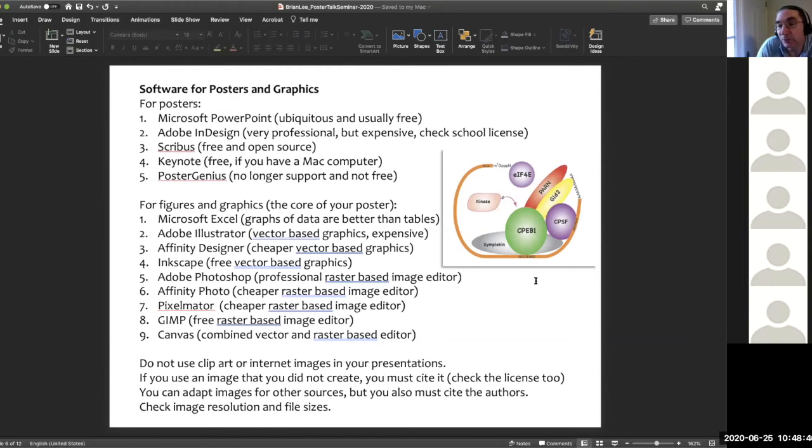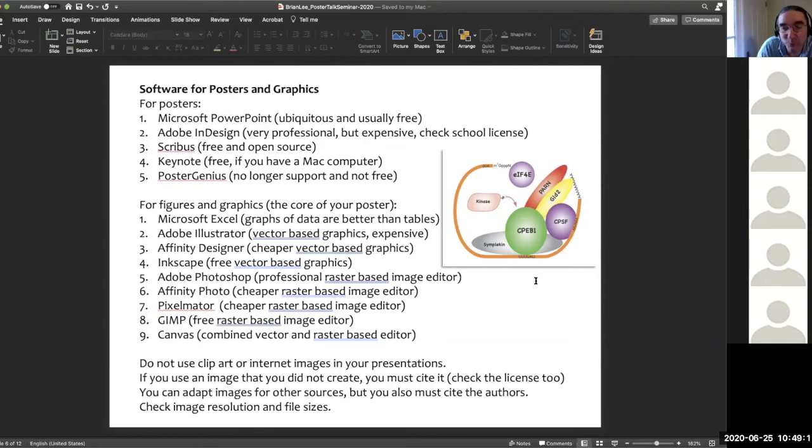And also before you use it, make sure that you check the license. If you look at an image, say from Wikipedia, they usually have a license associated with it. Make sure you take a look at the license, and if you are going to use it, make sure that you're allowed to. And if you are allowed to, usually you're required to include a citation. So make sure that you cite the image that you use.